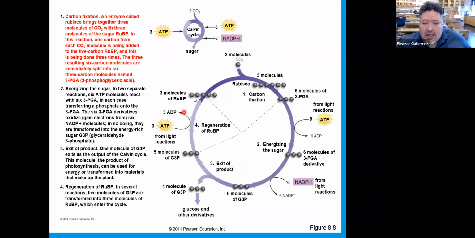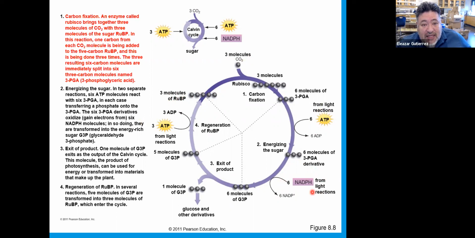Those 3 carbon dioxides are going to associate with 3 molecules of ribulose bisphosphate. In doing that, we're going to invest 6 ATP here and another 3 over here. That's 9 ATP.